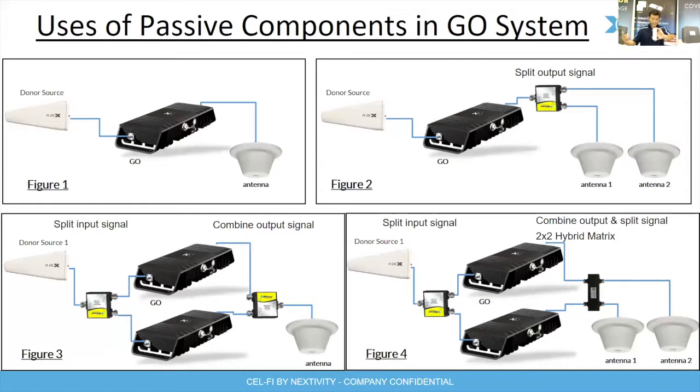At the output of each GO system, the signal comes into the coupler, which will combine and then split the signal into each output port, 3 and 4. These two ports can each be connected to an external antenna, as shown in figure 4. So you can see that in figure 4, we split the incoming signal, and on the output side, we combine and then split the signal at the output port.